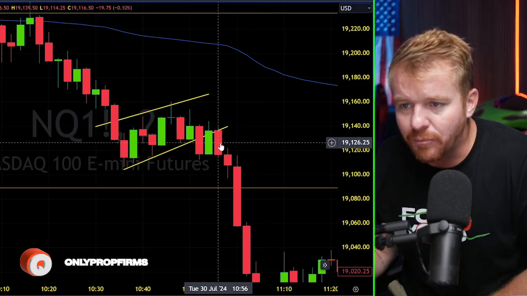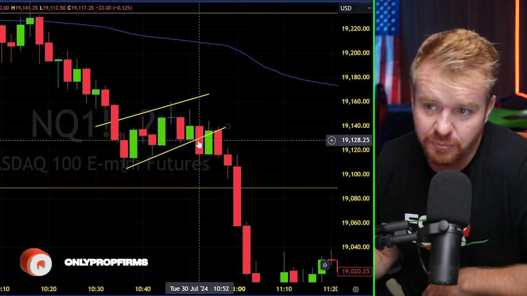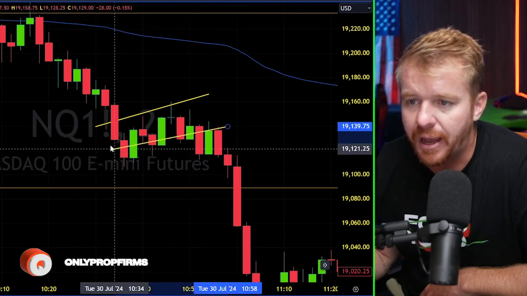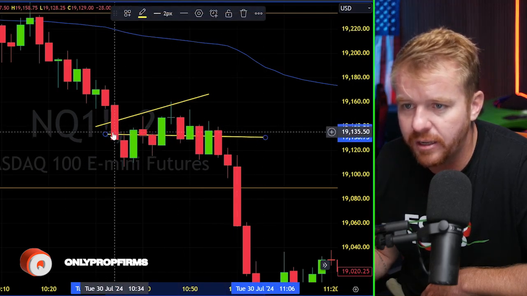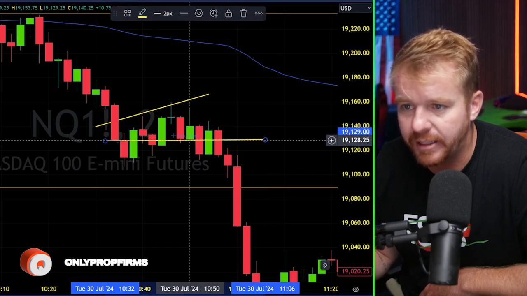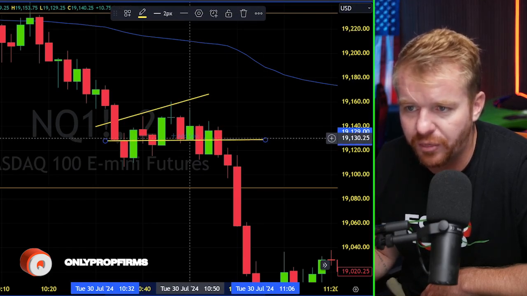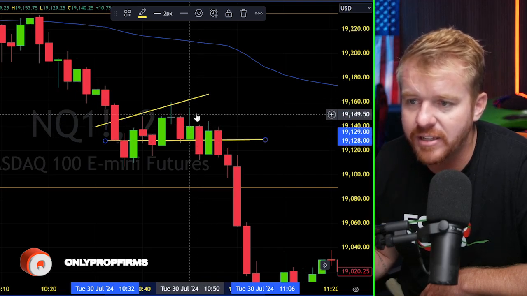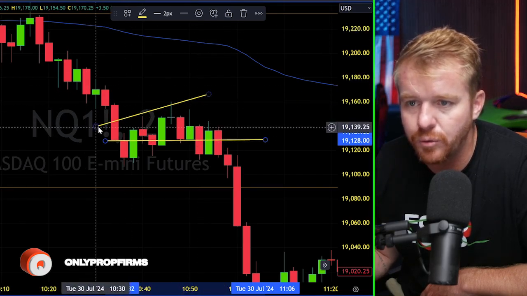So let's say I've entered when we break below the low of these candles. I am now shorting the low of these candles. We'll say 130 is my entry. Now, I see the high of this candle right here is 152.